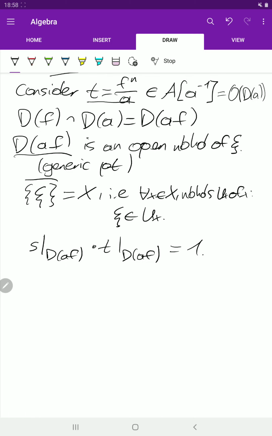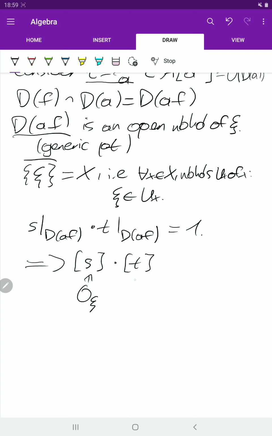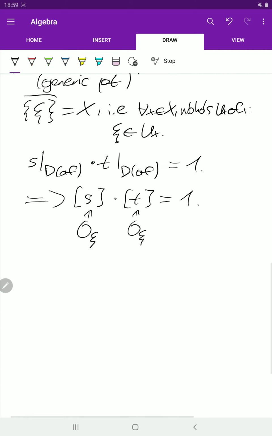Now we are done, because we just take equivalence classes. If we write the equivalence class, this is in this ring here, and this is also in this ring here, then we get that this is also 1, and we get that this local ring is a field, which we wanted from the beginning.